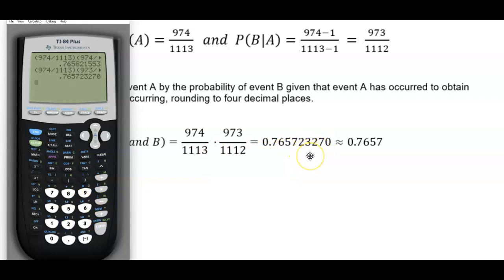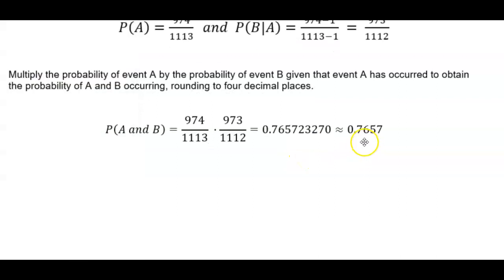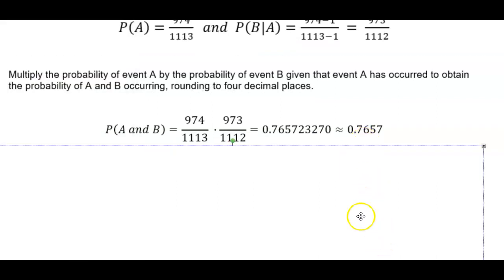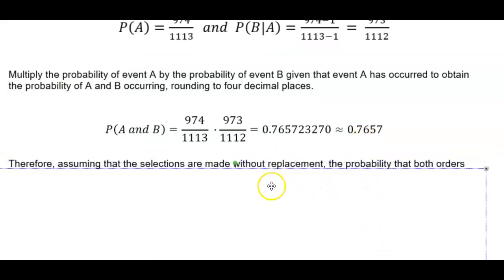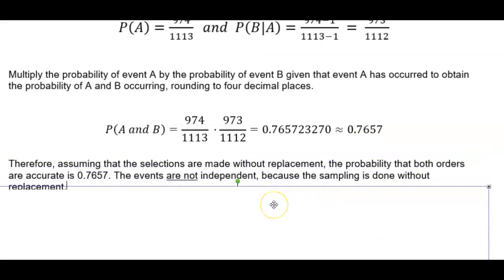And then we're going to round that to 4 decimal places, which is 0.7657. Therefore, we would say the following. Assuming that the selections are made without replacement, the probability that both orders are accurate is 0.7657, and the events are not independent because the sampling is done without replacement.